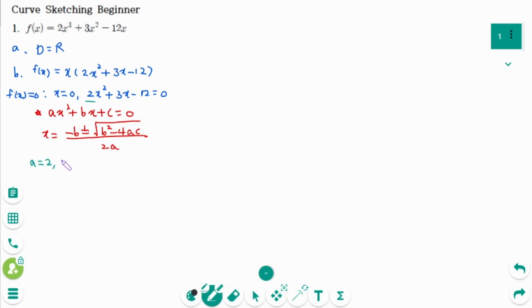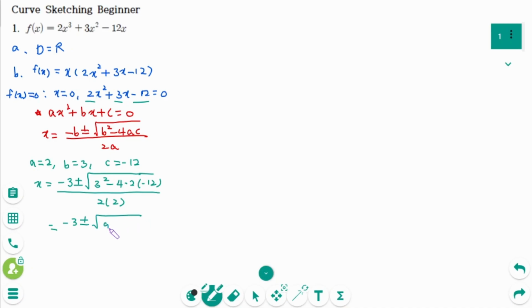A is 2, b is 3, c is minus 12, then x equals minus b plus minus square root of b squared minus 4 times a times c over 2 times a equals minus 3 plus minus square root of 9, then make positive, then 8 times 12, which is 96, over 4, minus 3 plus minus square root of 105 over 4.